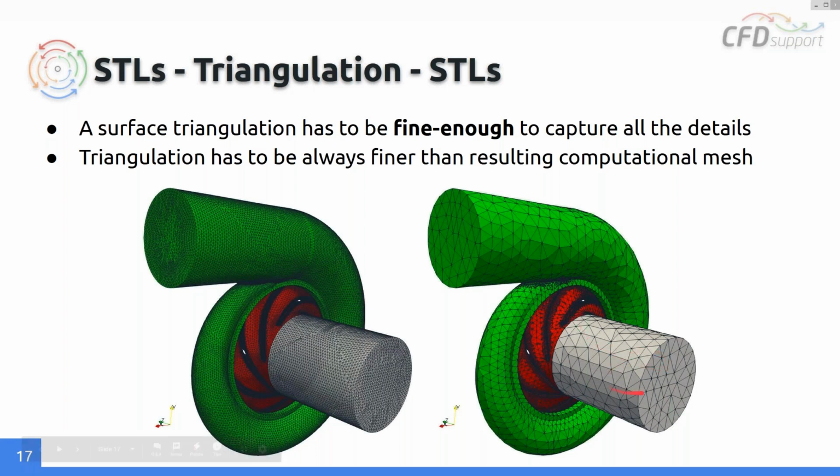So you don't have the circle at the inlet, but you have just the polygon, for example, or the blades are zigzag and not smooth. So be sure that the triangulation is always finer than the resulting computational mesh, because you have to be as close as possible to the smooth shape of your geometry.